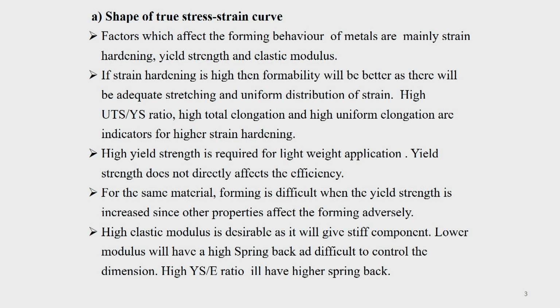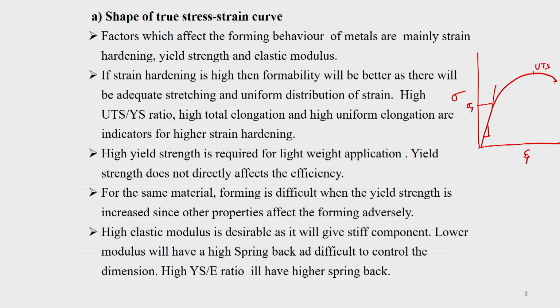The factors which affect the forming behavior of metals are mainly the strain hardening, the yield strength, and the elastic modulus. If you look at the stress strain curve, you will have an idea, like suppose it is like this. If this is your yield strength, and this is your ultimate tensile strength, this is your fracture point, this is your Young's modulus value of the material.